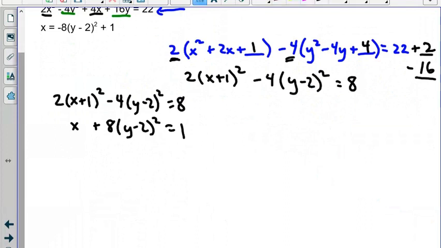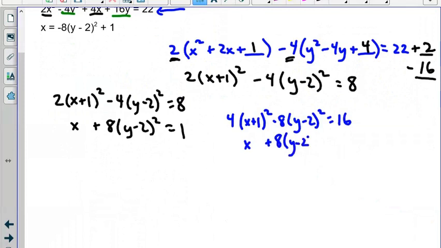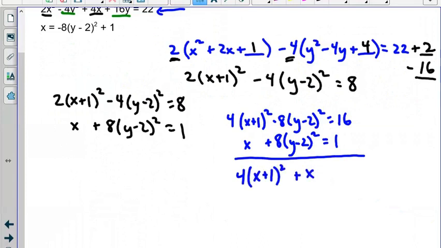So if I multiply the top equation by 2, I can actually eliminate the entire term of y − 2 from this problem. So I have 4(x + 1)² plus the negative 8(y − 2)² and positive 8(y − 2)², they add together to be 0, so they go away. And then there's a 17 on the other side.